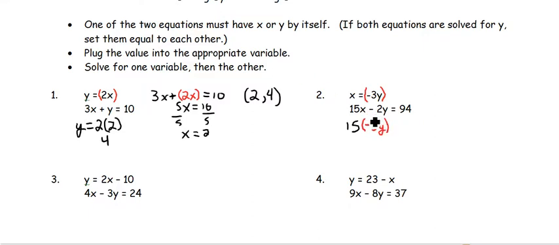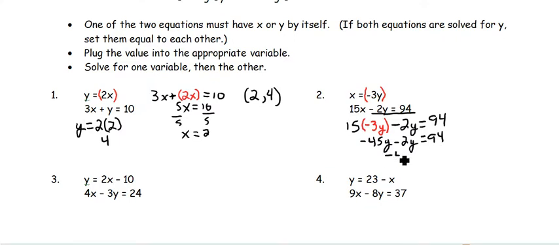And then I'm going to continue writing this part, minus 2y equals 94. So let's go ahead and start solving this. This would be negative 45y minus 2y equals 94.